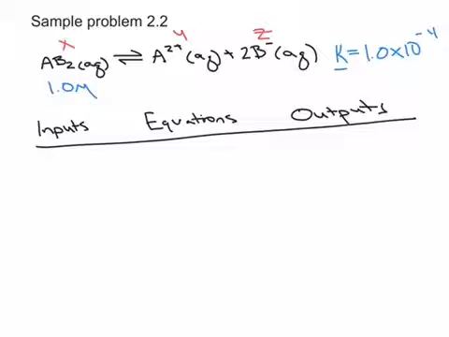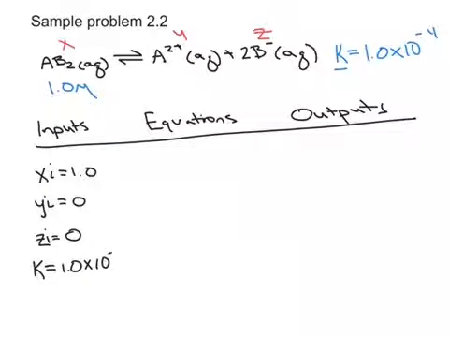We are told that xi is equal to 1.0. Since this is at the initial conditions, A2+ and B- will actually be 0. So we can say that yi equals 0 and zi equals 0. And we also know that K is equal to 1.0 times 10 to the minus 4.